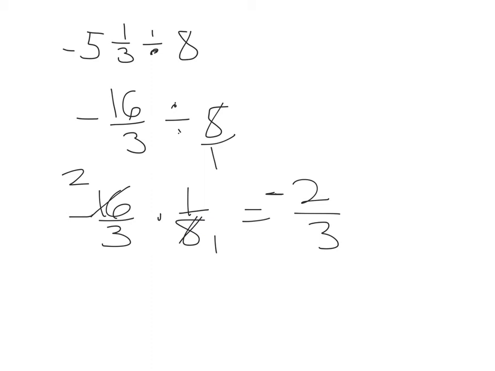So let's take a look at one more example with fractions before we call it a day. So if we have, let's say, negative 1/3 divided by, let's say, 4/3. And let's make it a negative 4/3 this time. Okay, so negative 1/3 divided by negative 4/3. What do we do?